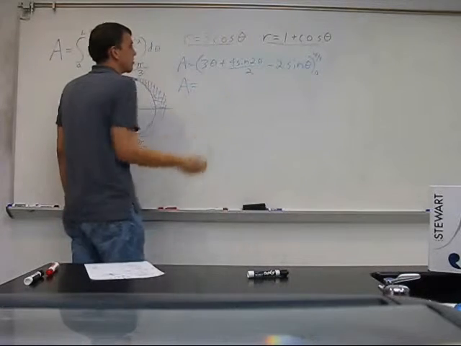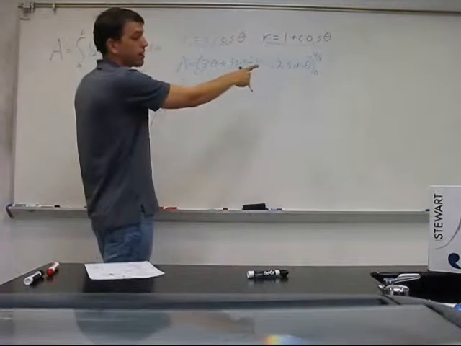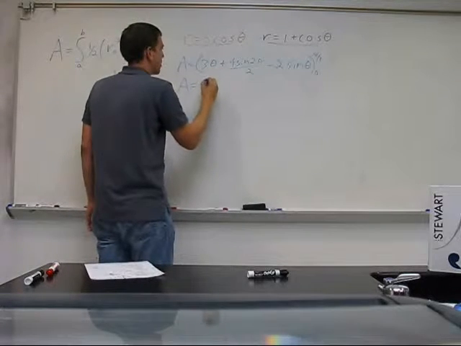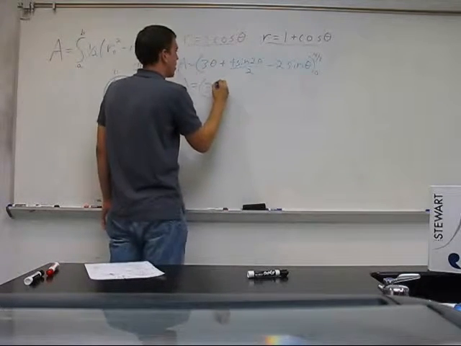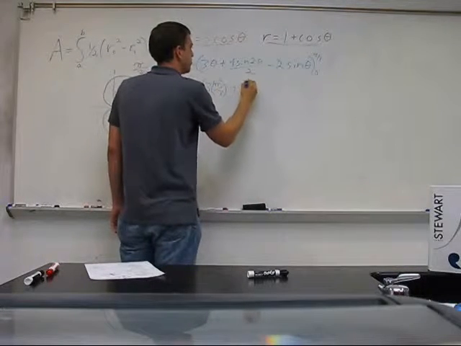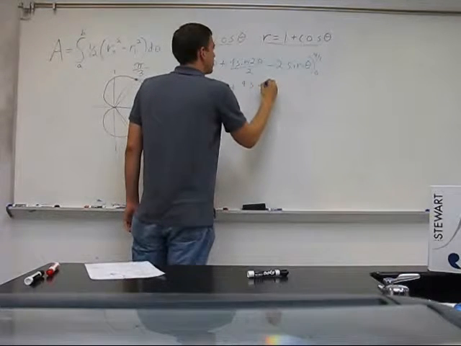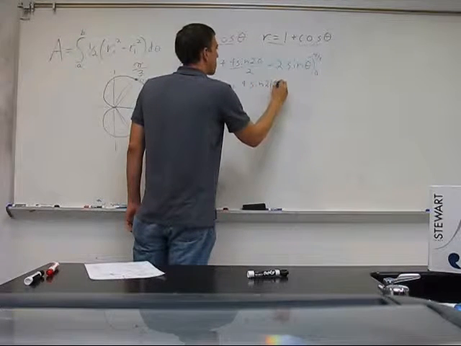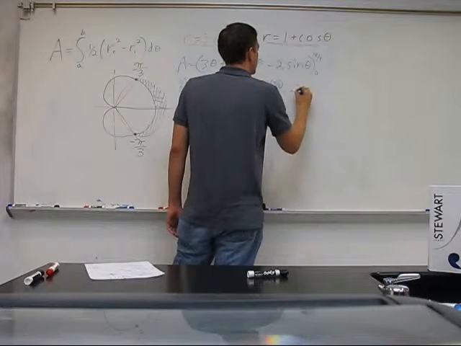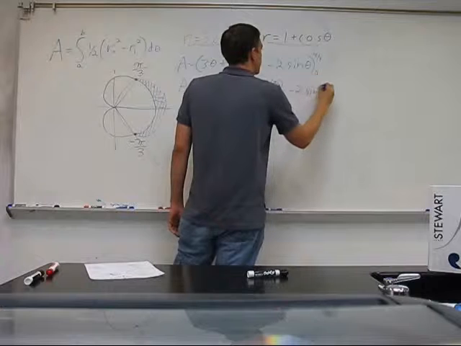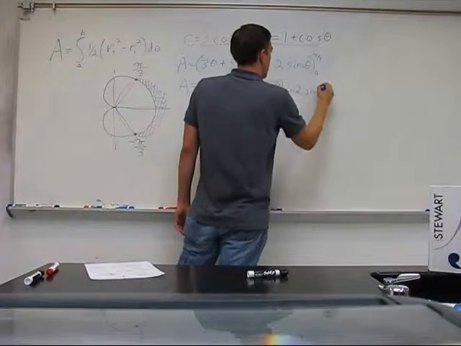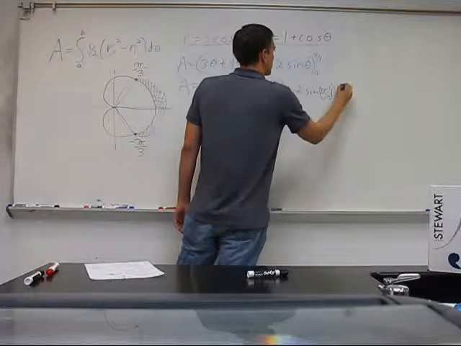So we're going to substitute the pi over 3 into the thetas, and we're going to have 3 pi over 3 plus 4 sine 2 times pi over 3 over 2 minus 2 sine pi over 3.